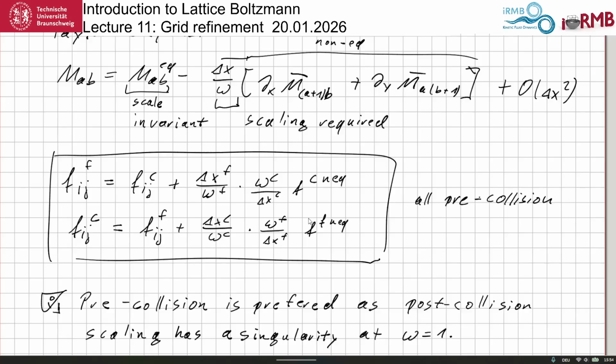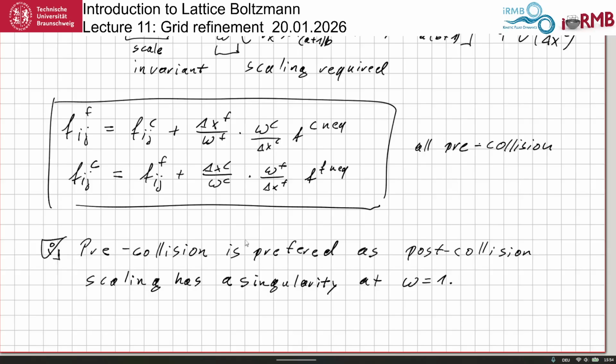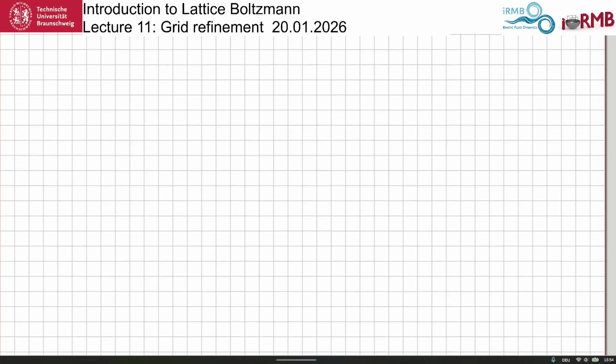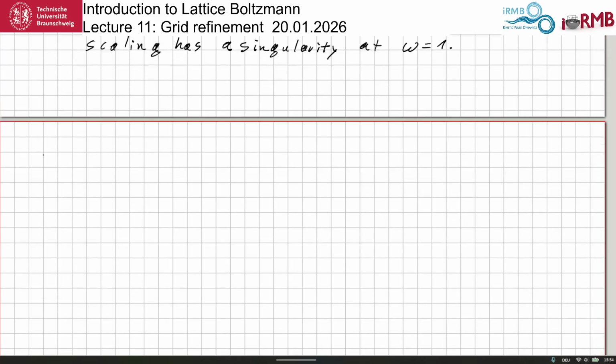So, okay. Now, how to interpolate these hanging nodes? Interpolation of hanging nodes. Okay, so what are the hanging nodes?